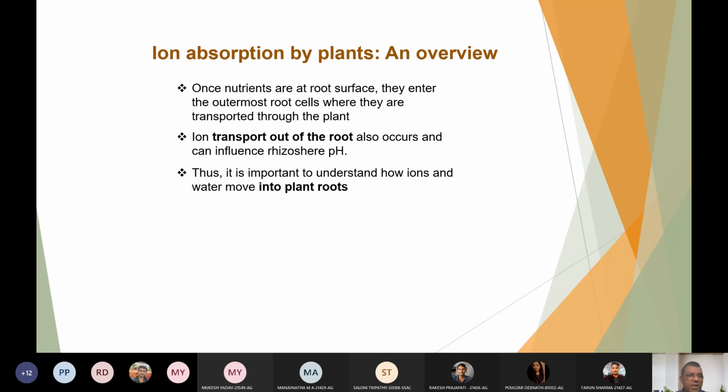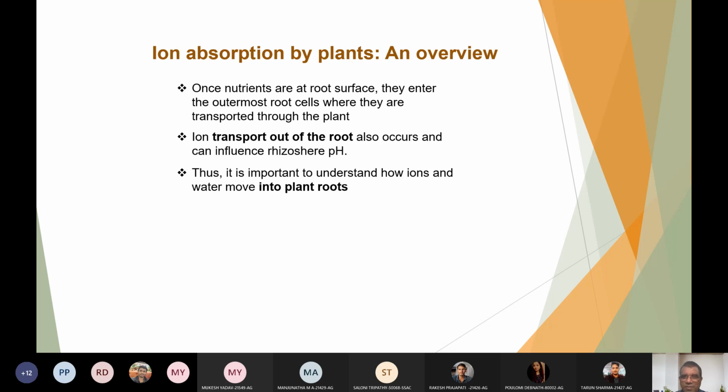Once nutrients are at the root surface, they enter the outermost root cells where they are transported through the plant. They must reach the xylem. Ion transport out of the root also occurs and can influence rhizosphere pH. So some ions, some kind of root exudations, are also released from the plant roots into the soil. Thus it is important to understand how ions and water move into the plant roots.